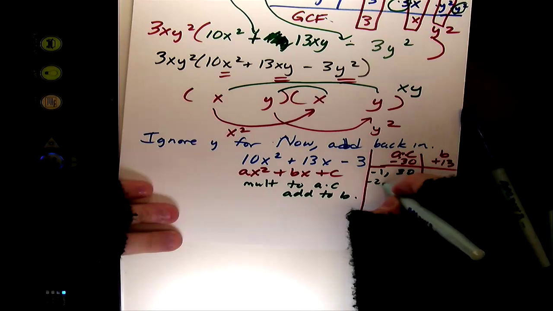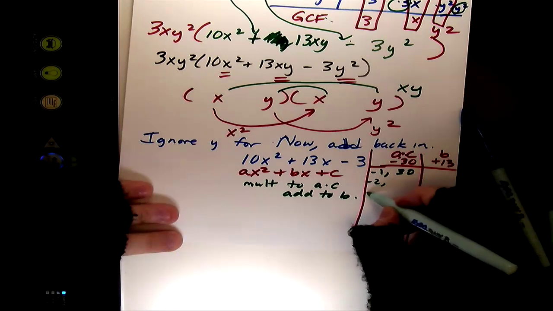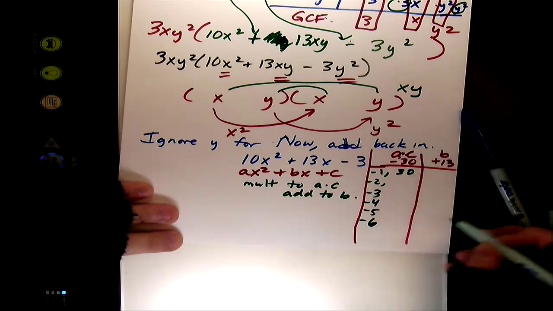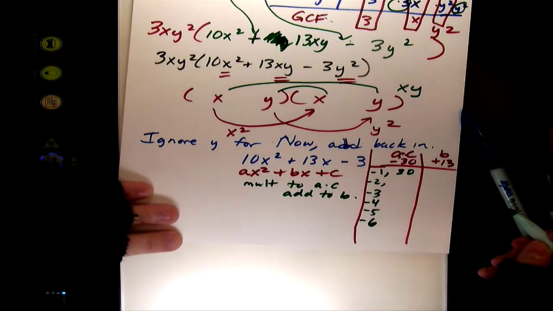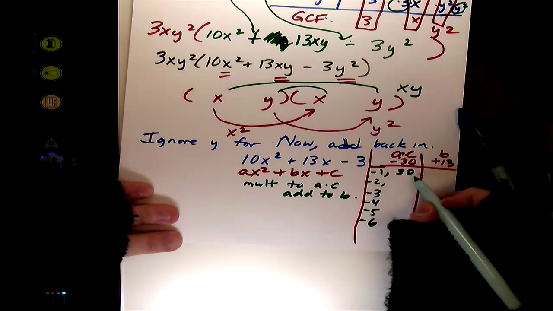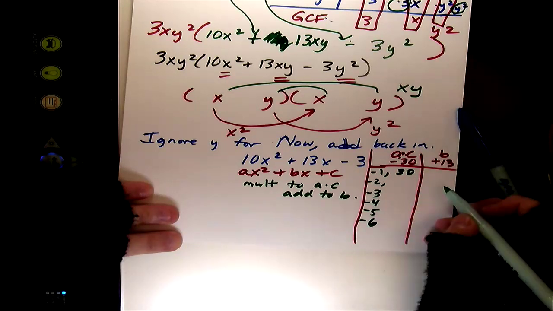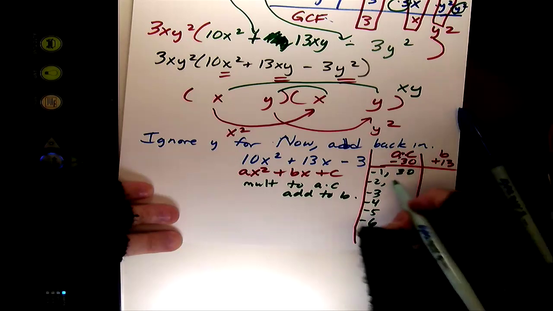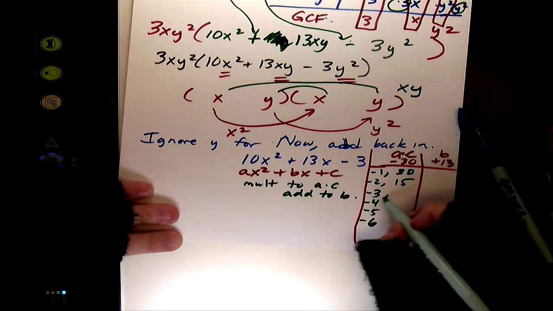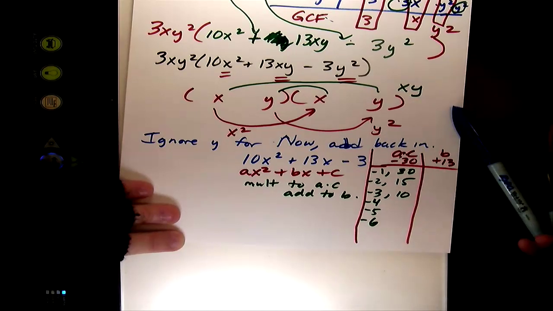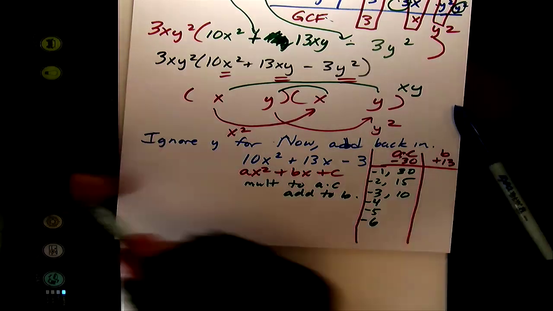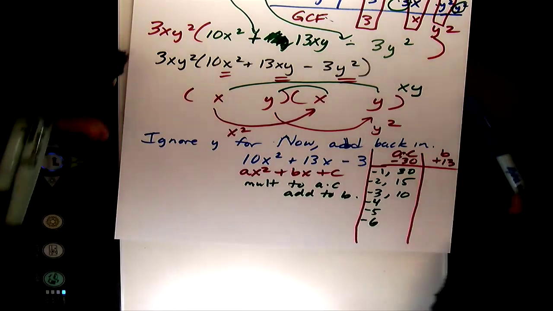And I am literally going to go down the table, and as this goes down, I am going to keep decrementing by 1, and then see if there's a factor that goes with it. So if I divide 30 by -2, I get 15. If I divide 30 by -3, I get 10. -4 doesn't go evenly into this, so I'm going to cross off the -4.